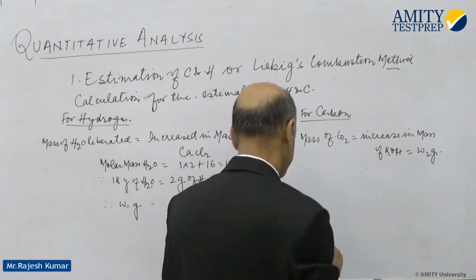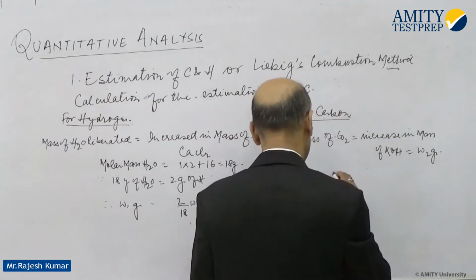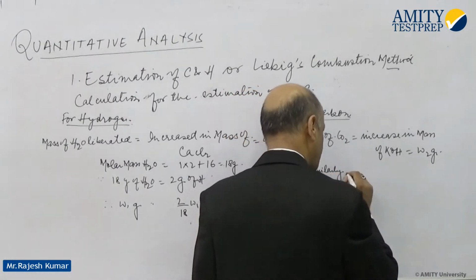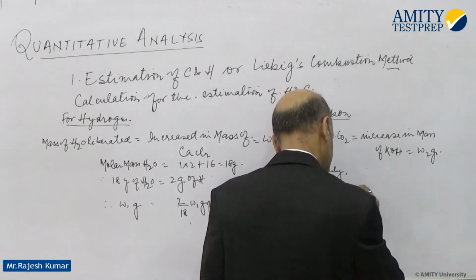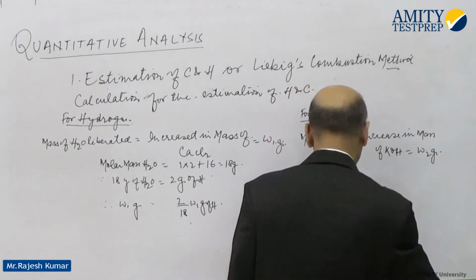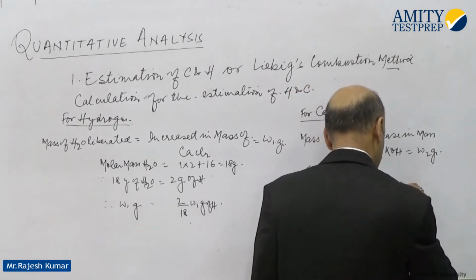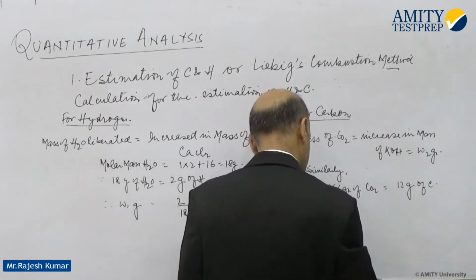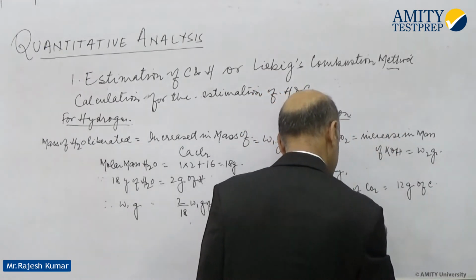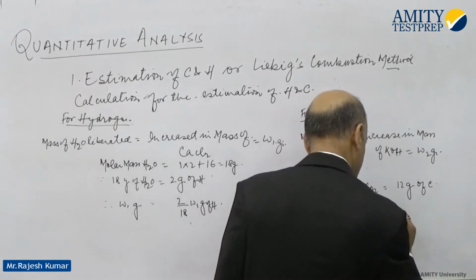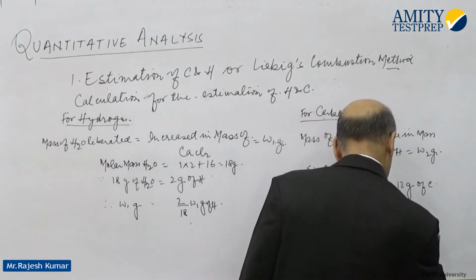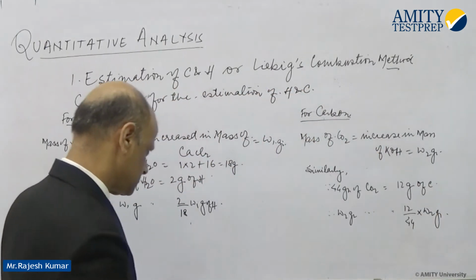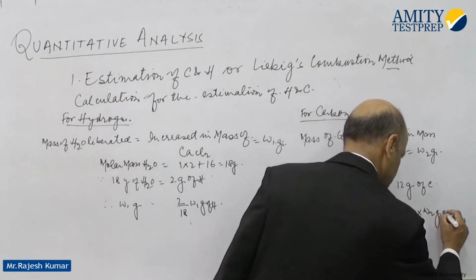Similarly, 44 gram of CO2 contains 12 gram of carbon. Therefore, W2 gram of CO2 will contain 12 upon 44 into W2 gram of carbon.